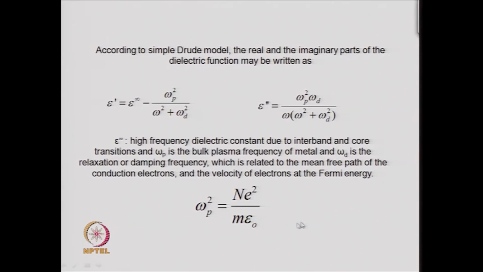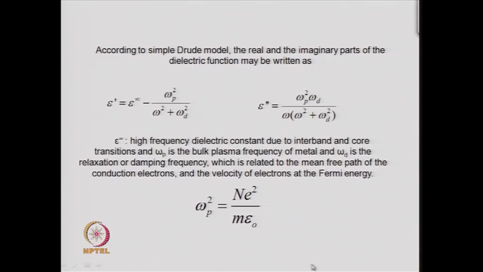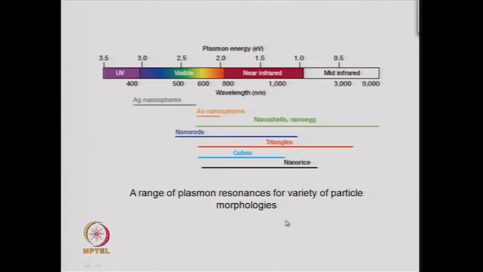If you know that, then you can determine the omega p, which is the plasma frequency, and that is related to these numbers here. The various constants are there: the electronic charge, the mass, and the dielectric permittivity of free space. So, if you know the plasma frequency, of course, you know the plasma energy.